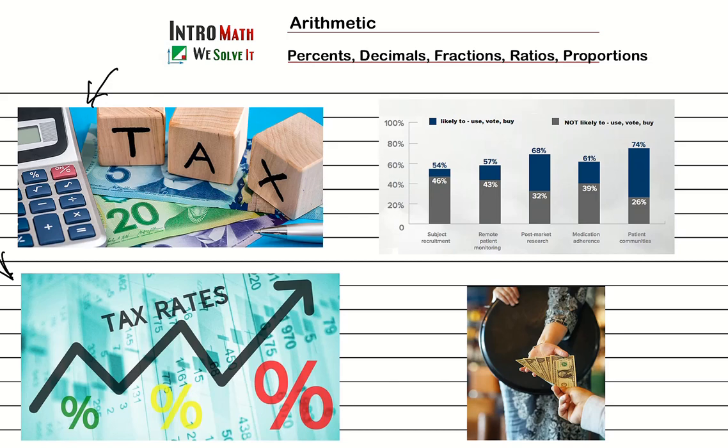Depending on the type of job you do, there's something they call payroll taxes, right? And then look at this picture here. The one bottom right is about waiters, right? When you eat in a restaurant, they expect you to pay a certain percentage of the cost of your food to the waiter as a tip, right?